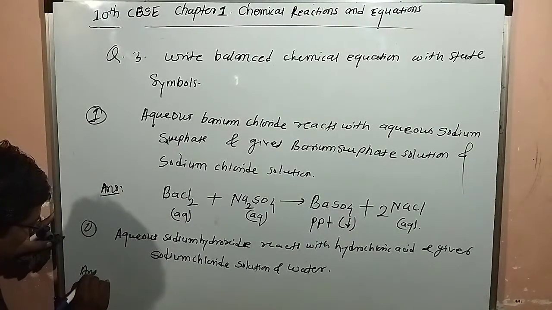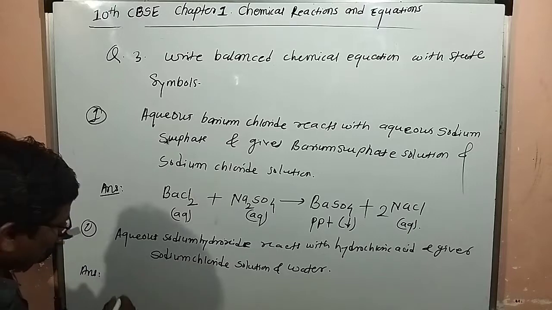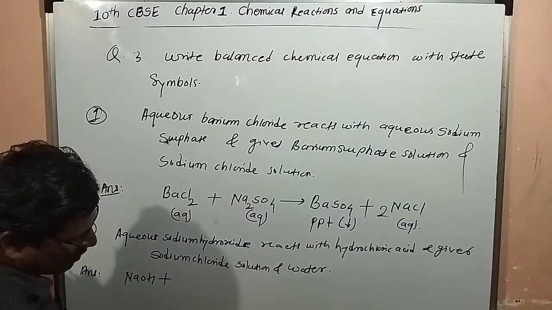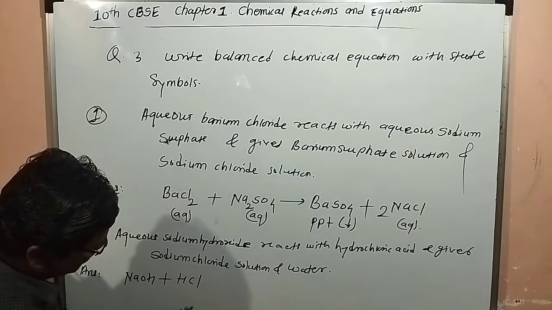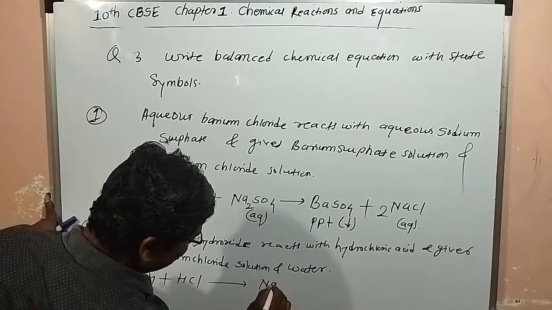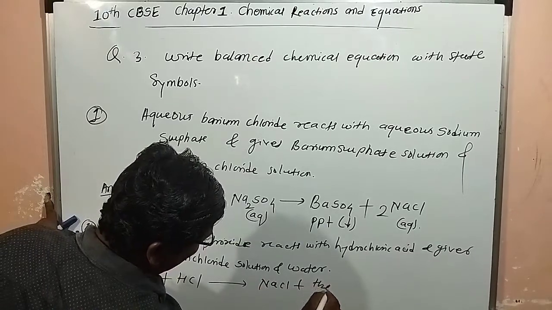In that answer, for sodium hydroxide we are writing NaOH plus, for hydrochloric acid we are writing HCl, and it is giving sodium chloride, NaCl, plus H2O.